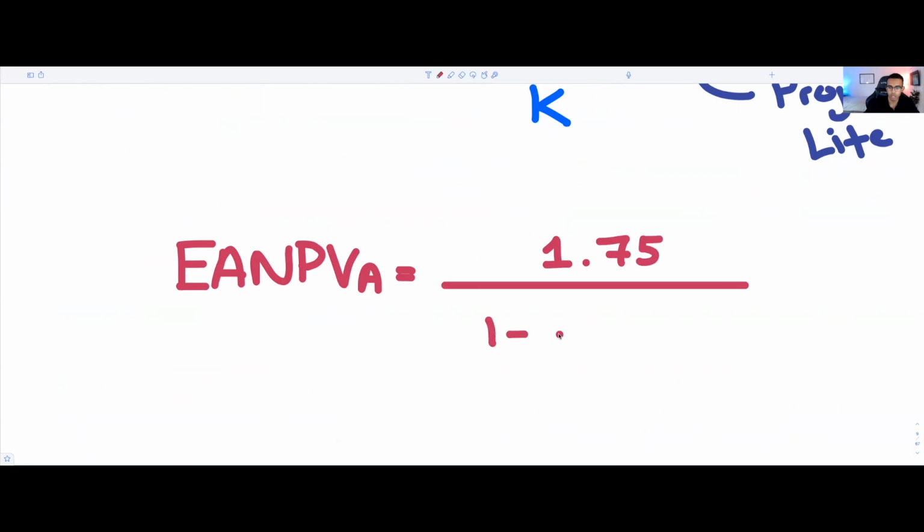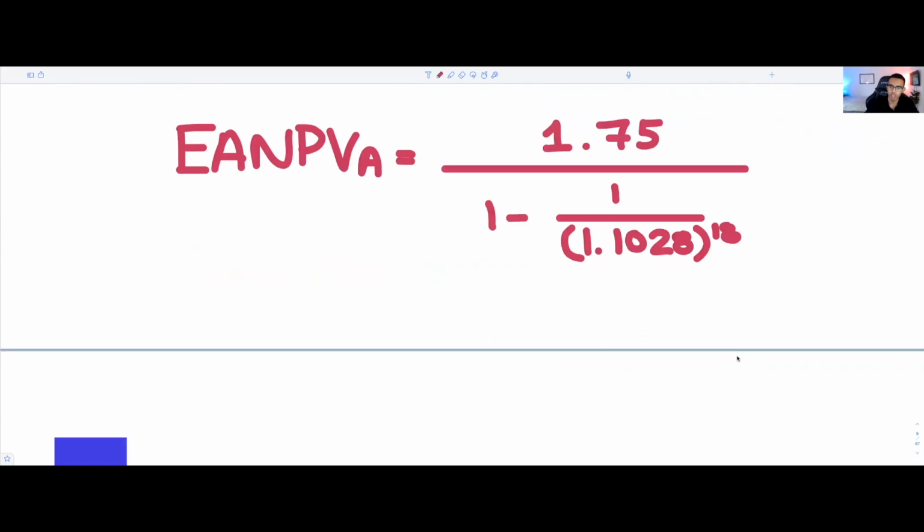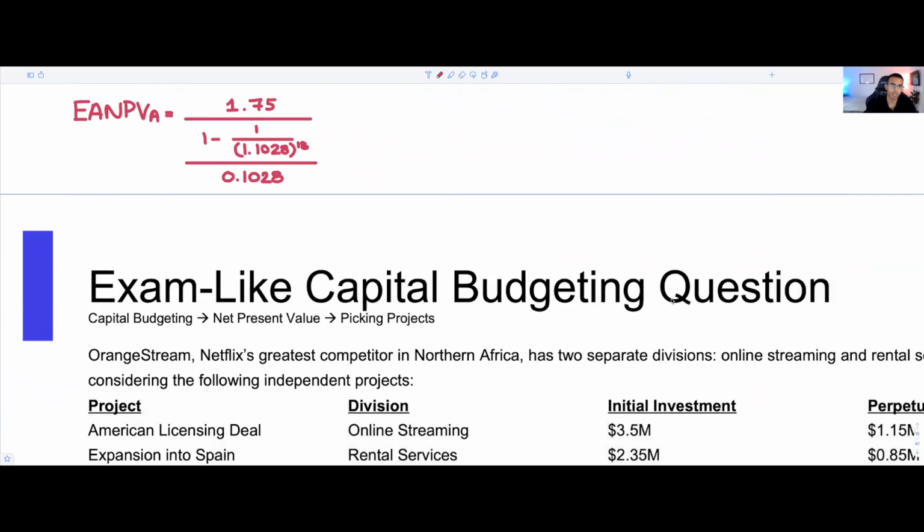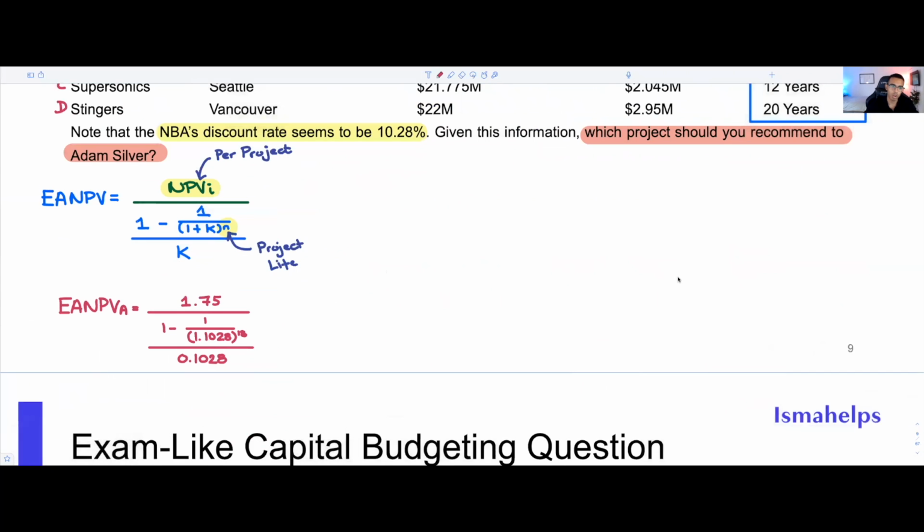With 1.1028, and if my memory is correct, this project will last 18 years, I'm going to have this over 0.1028. And that's going to give us the EANPV for project A.